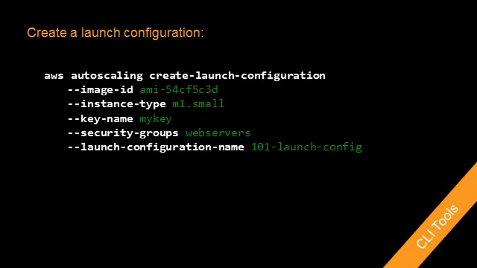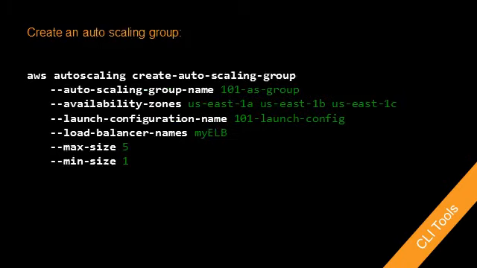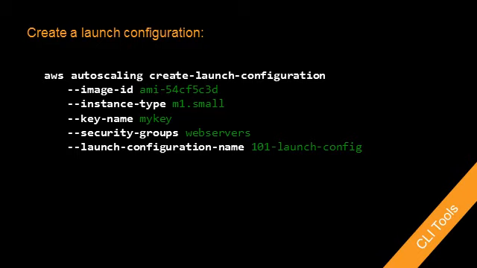So launch configuration, you can see, is pretty much the usual suspects. So you give the launch configuration specification. You're basically providing the same information that you provide when you launch an instance. So you're defining here what kind of instance is going to be launched by your auto-scaling group, and you also have to name your launch configuration.